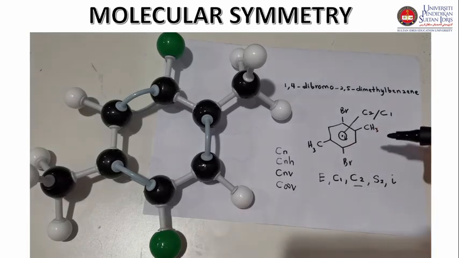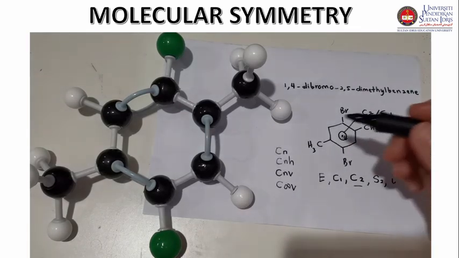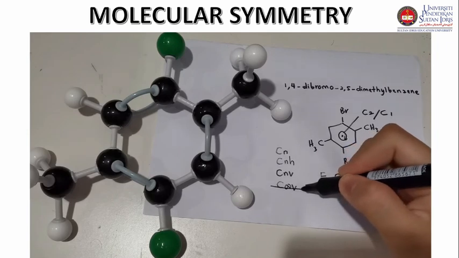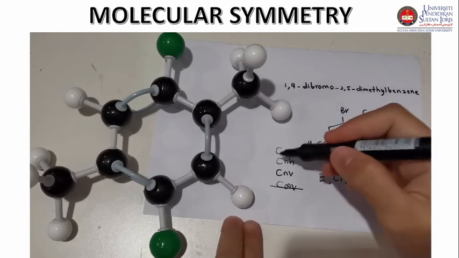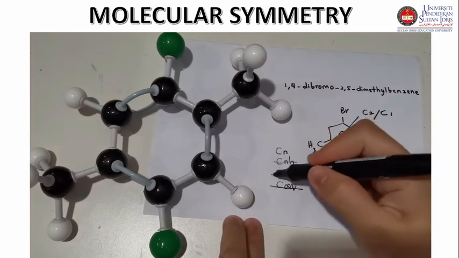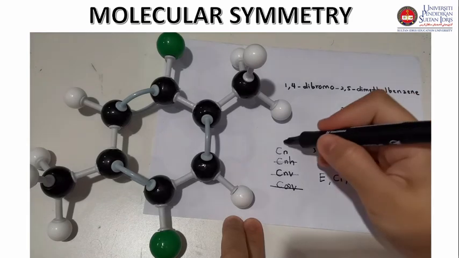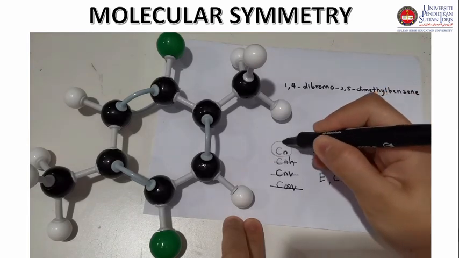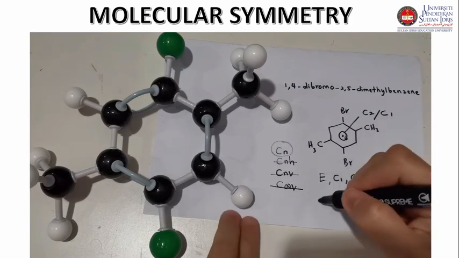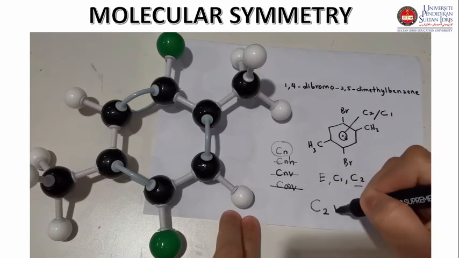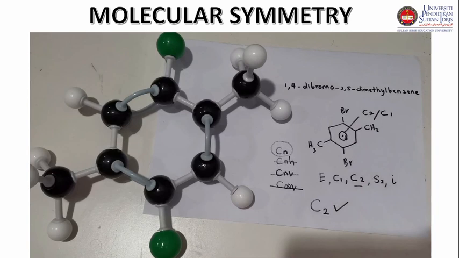But the molecule is not linear, so C infinity v does not exist. There is a center of inversion and S2, so not Cnh, and not Cnv, because horizontal and vertical planes do not exist in the molecule, so only Cn is present. So C2 is the point group for this molecule.